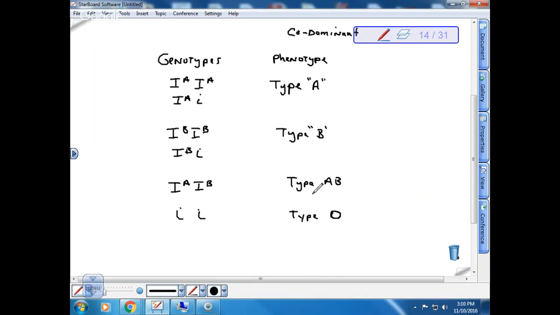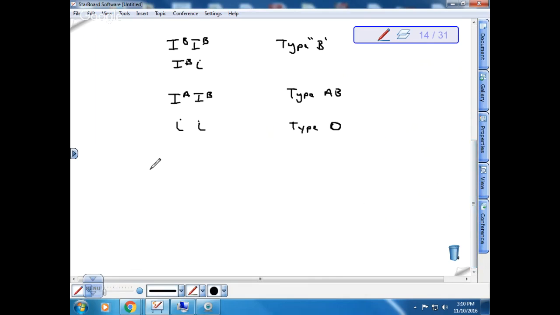Okay, so now we have the positive and the negative, right? This is a separate gene, and this gene is what is called the Rh gene.